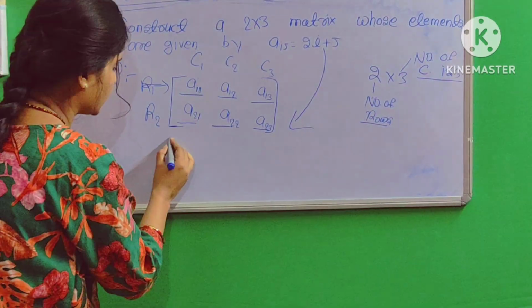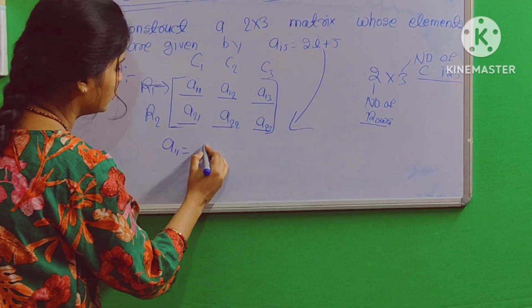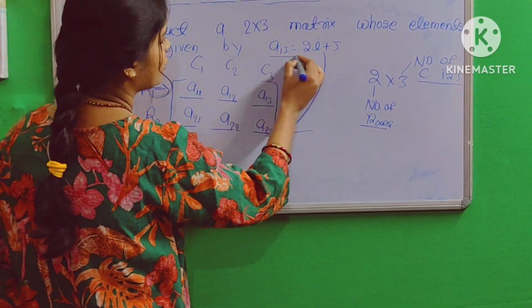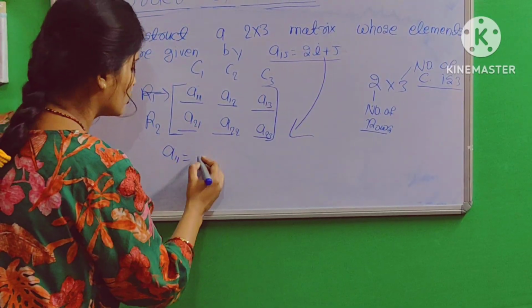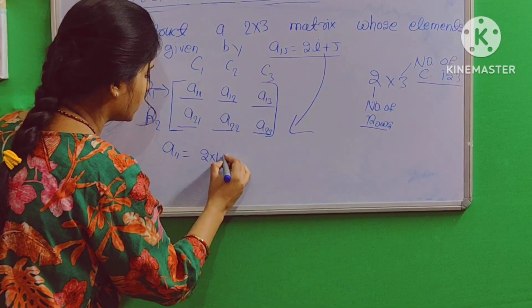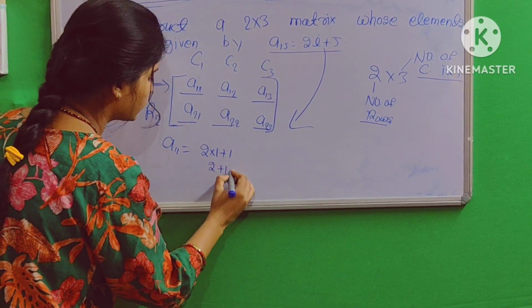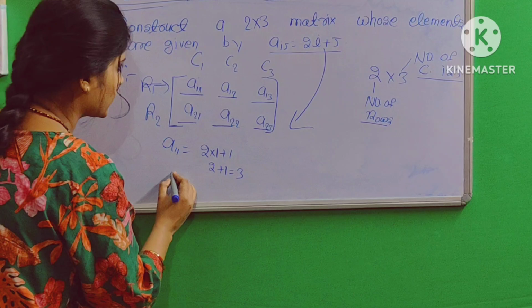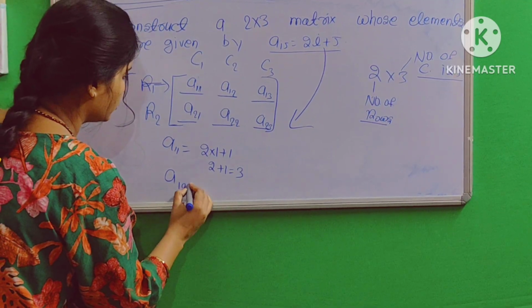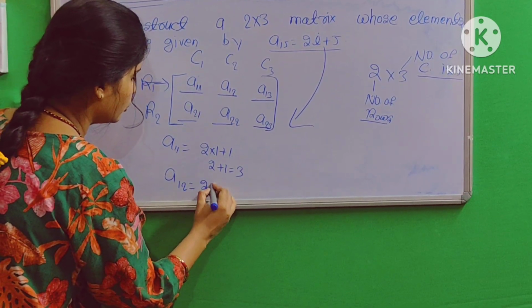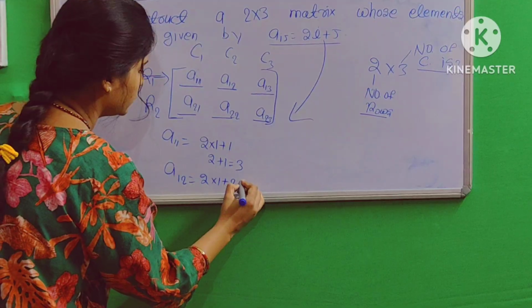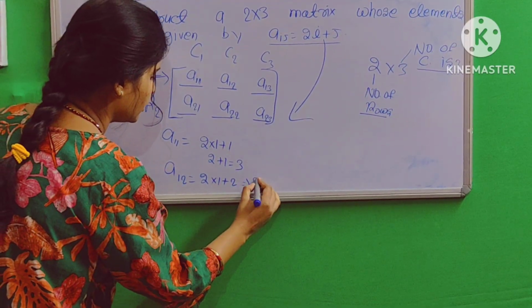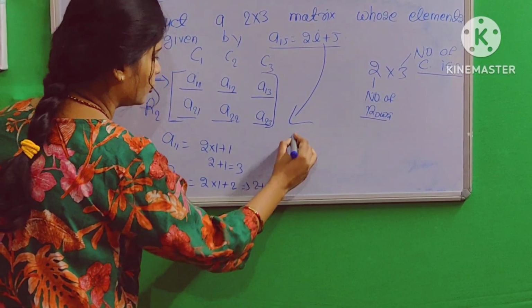Okay, so let's start. A11 is equal to, we know Aij is equal to 2i plus j. So we can write 2 into 1 plus 1. Here 2 plus 1 is equal to 3. Again, A12 is equal to 2 into 1 plus 2. Here 2 plus 2 is equal to 4.